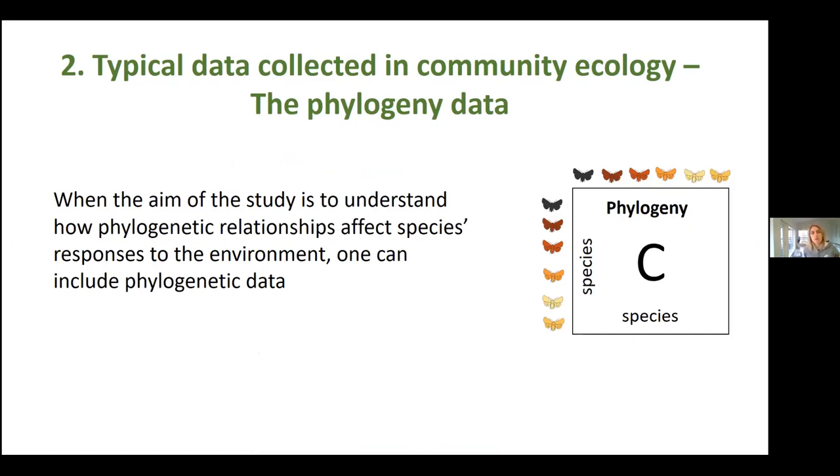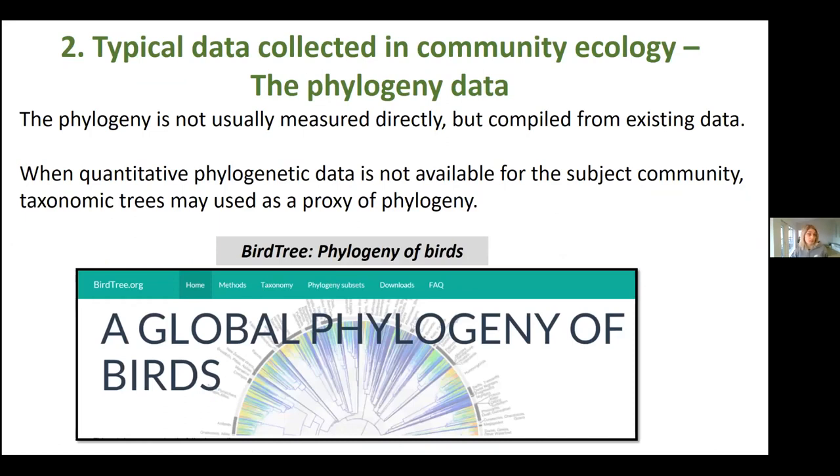And finally, when the aim is to study or to understand how the phylogenetic relationships affect the species responses to the environment, one can include phylogenetic data, a phylogenetic tree, for example. And the phylogenetic data is not usually measured directly, but compiled from existing databases that are becoming more and more common also. For example, the phylogeny of birds is very well resolved, and we have an excellent database to gather information about the phylogeny of birds.